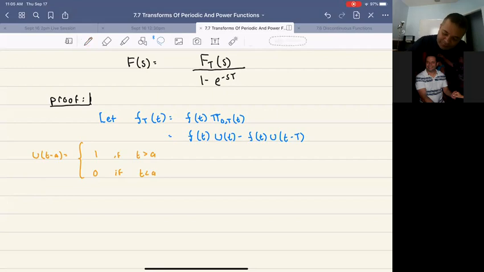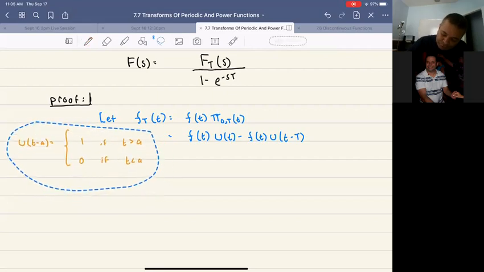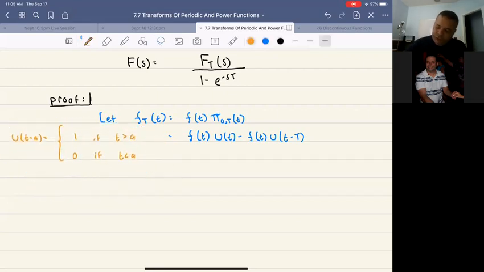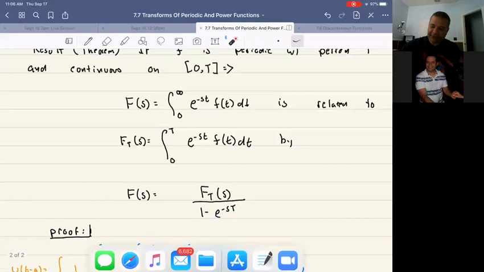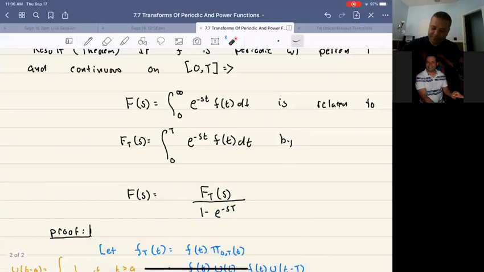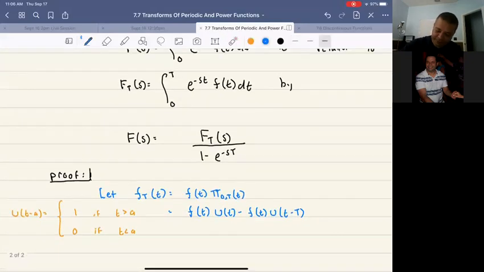Now let's take the Laplace transform. The Laplace transform of f sub T is going to equal this thing. Let me write that down.